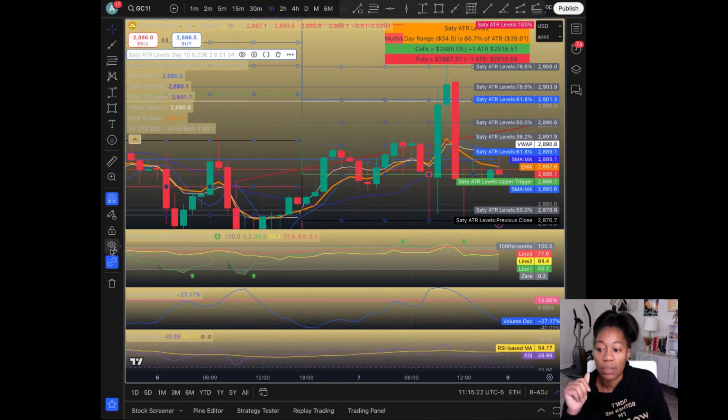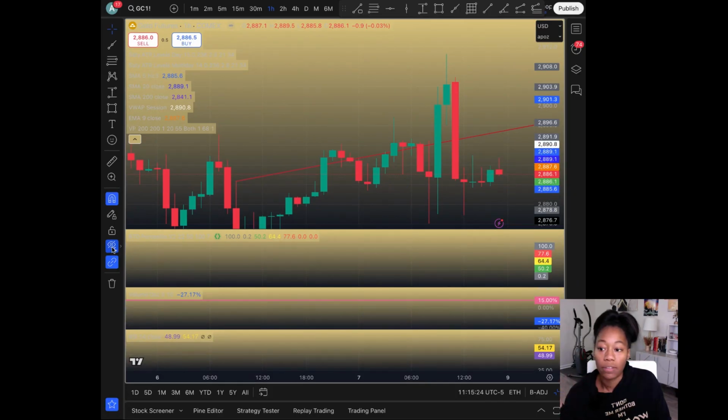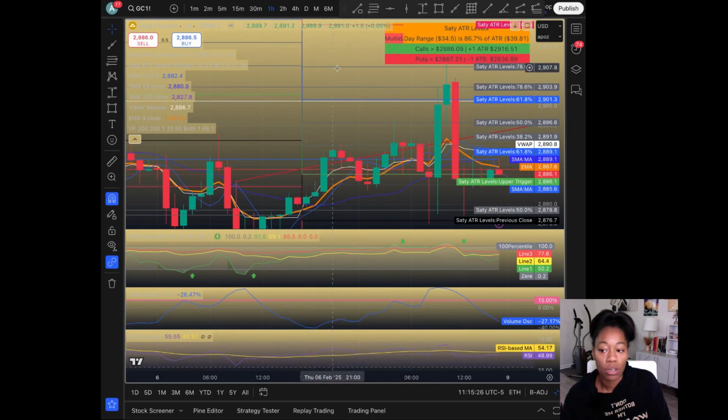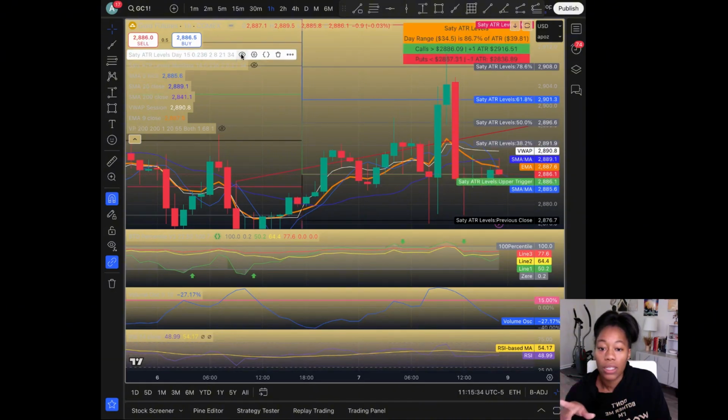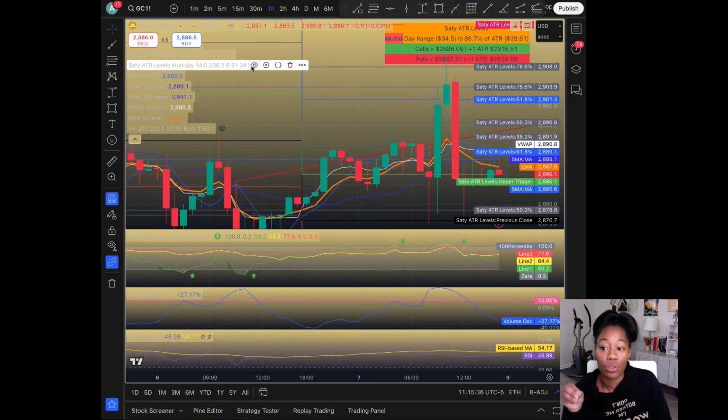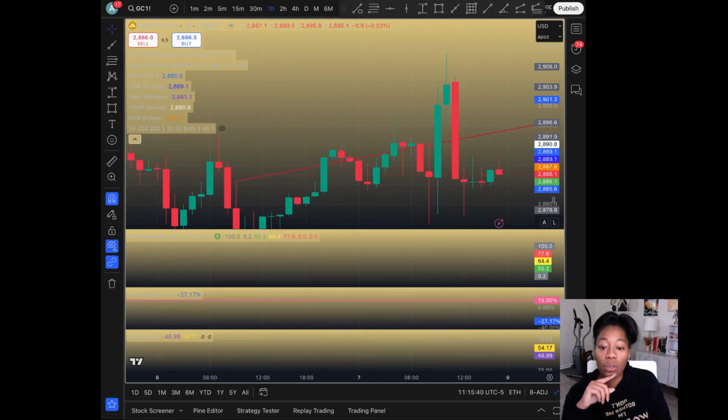Now I can simply just click this and turn them all off. Click this, turn them back on. So I definitely love those shortcuts. We're going to turn all of these off. And one way you can tell if you have them turned on but not visible is when you turn them off, but all of your prices are different colors.